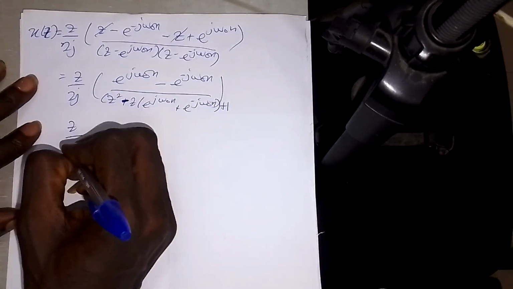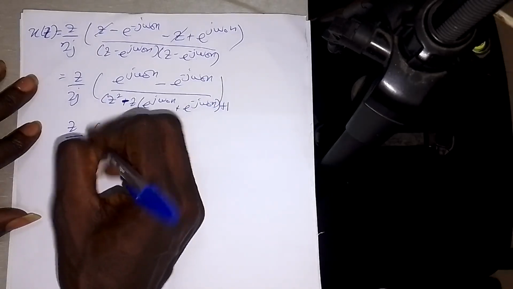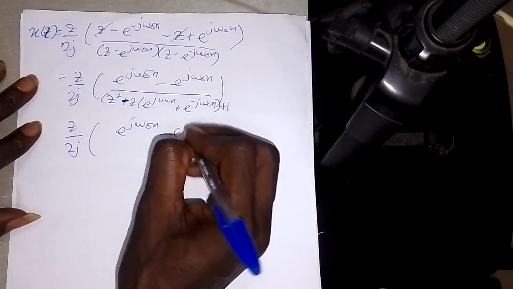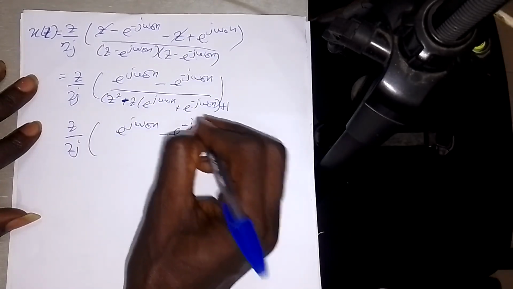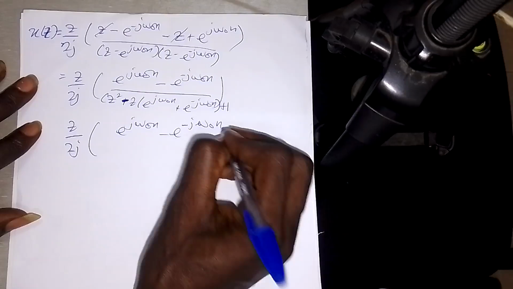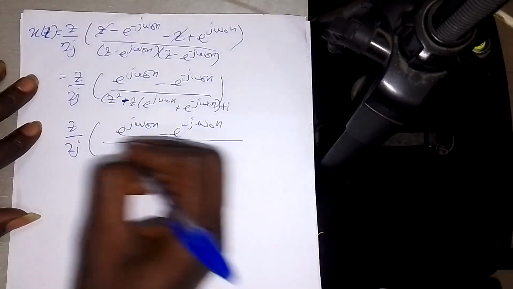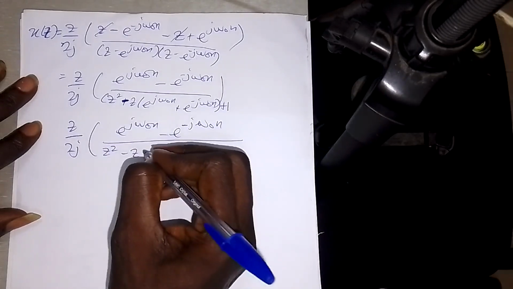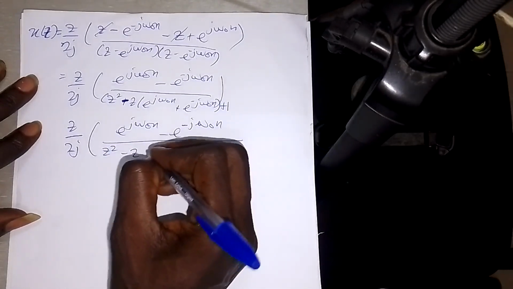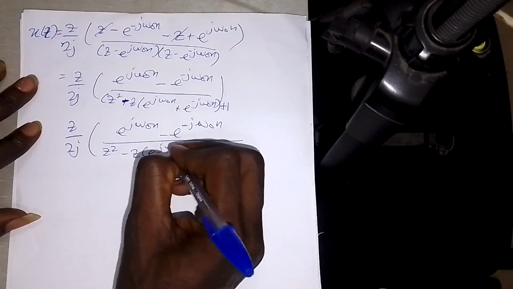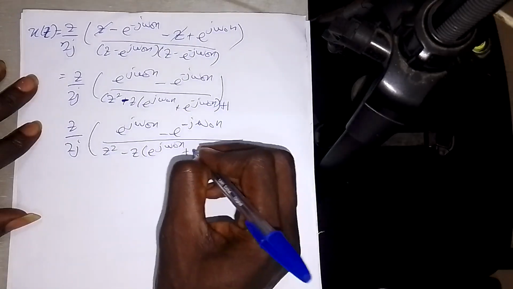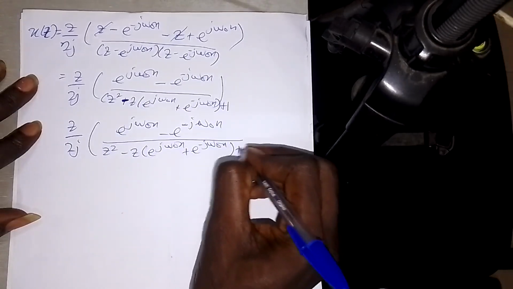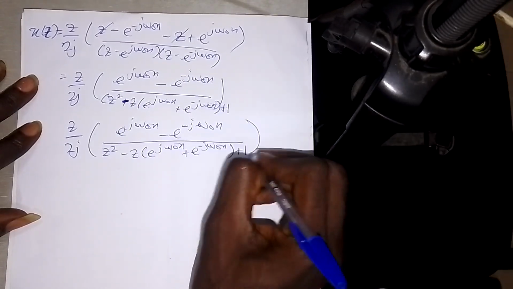I'll have 2j into e^(jω₀n) minus e^(-jω₀n), into Z squared minus Z into e^(jω₀n) plus e^(-jω₀n), plus 1. Alright, so this is what I have.